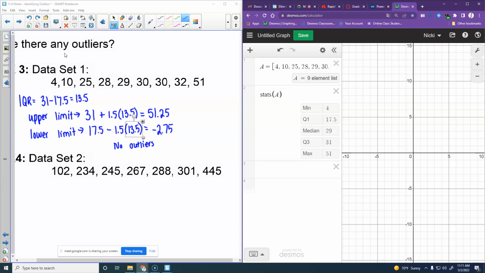To find the quartiles, you have to find the median first. So what number would be your median? Good. We'll circle it.